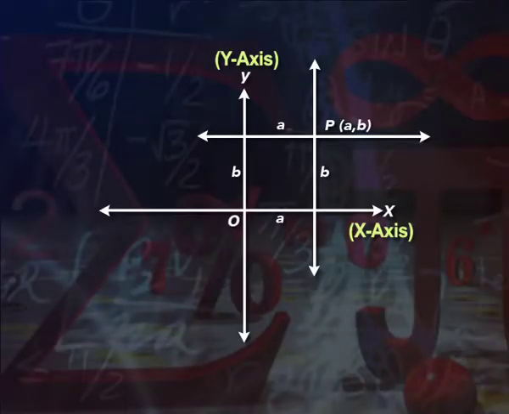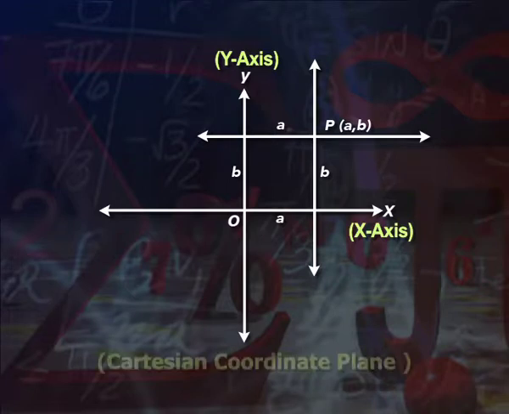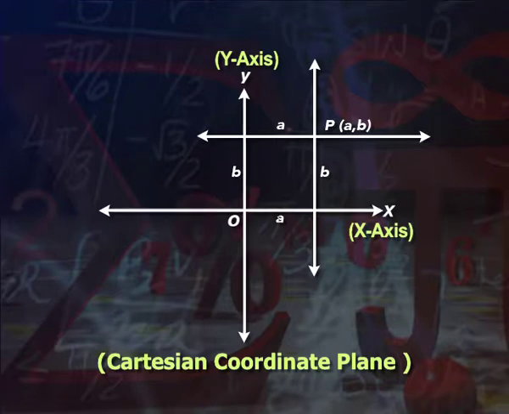Suppose ordered pair of real numbers (a, b), that is, when an element of R square is given, we associate with this ordered pair a point P in the Cartesian coordinate plane by fixing real number a on the x axis and then fixing the real number b on the y axis.